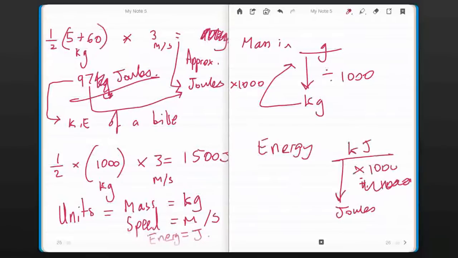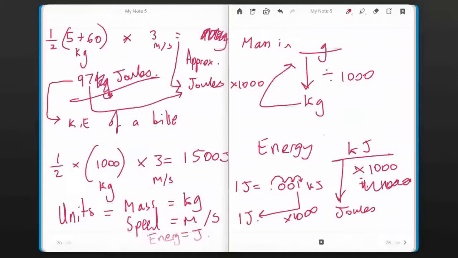For example, 1 joule equals 0.001 kilojoules, and if we times that by 1,000 we can see that's true, because that would go 1, 2, 3 places to the right and give us 1 joule. So energy should be in joules, but sometimes it might be given in kilojoules. Joules is what it should be by standard units.